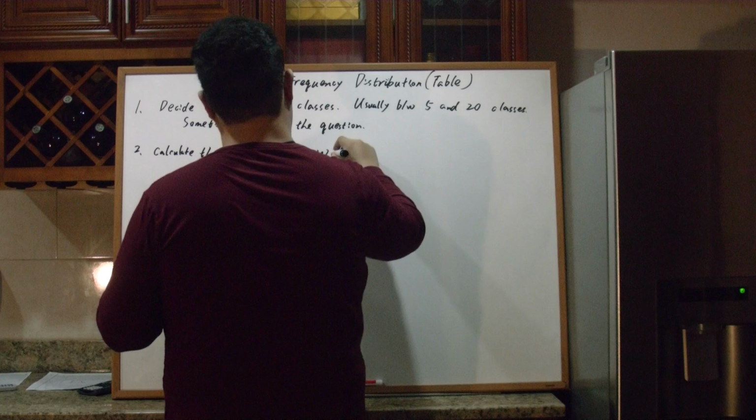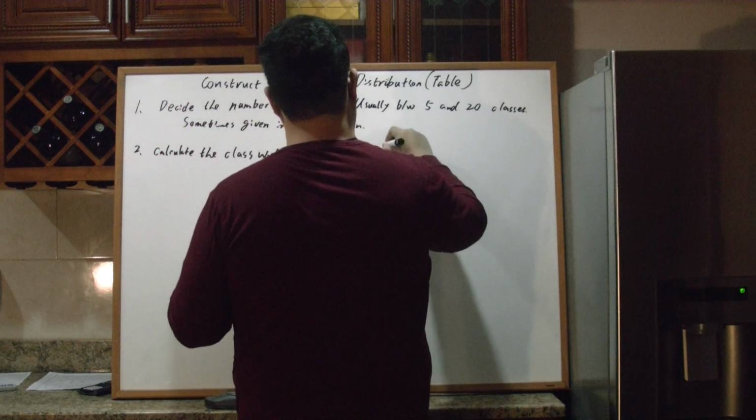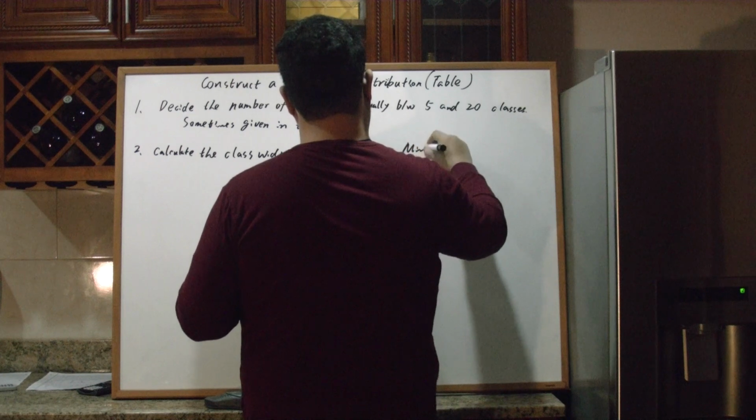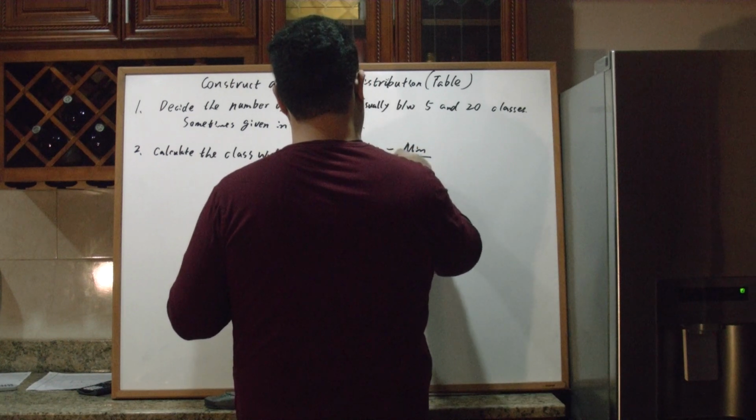The class width should be the maximum value minus the minimum value, divided by the number of classes.